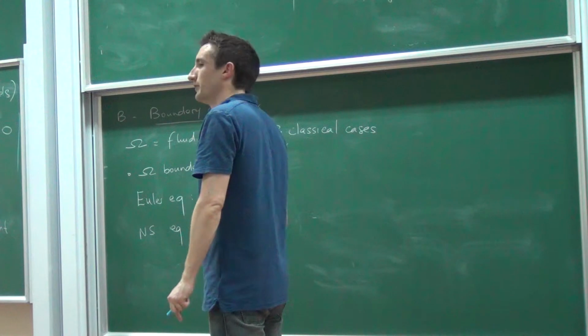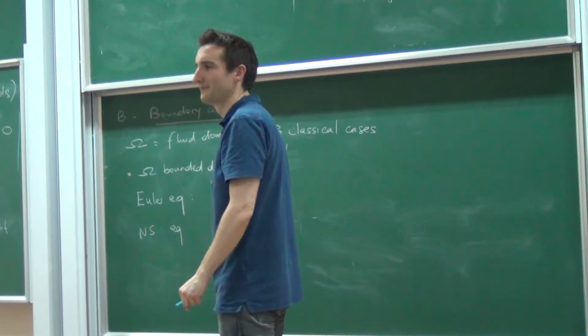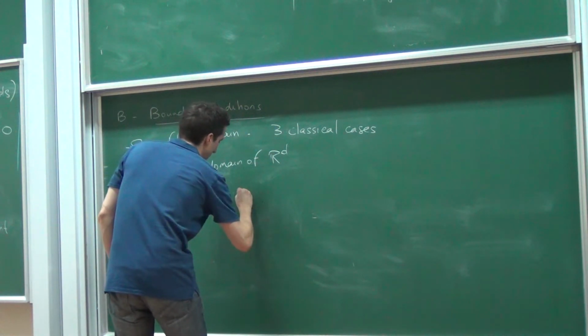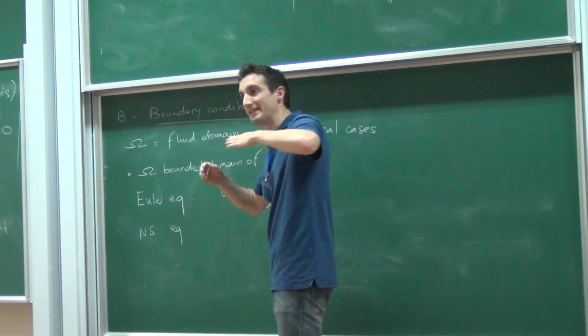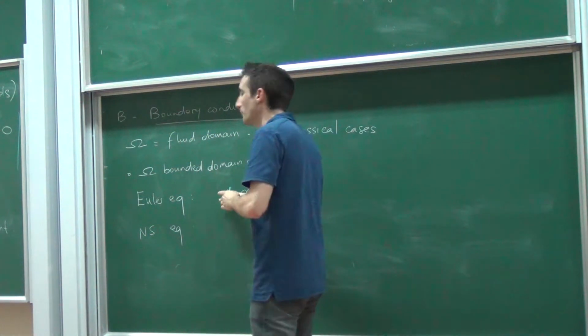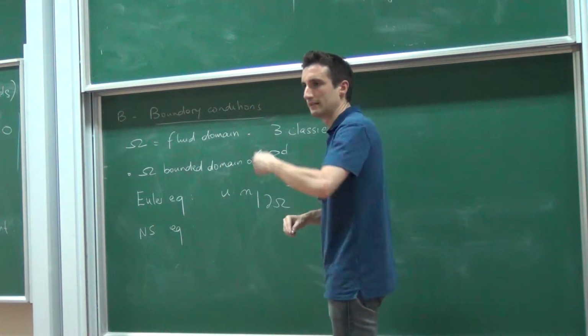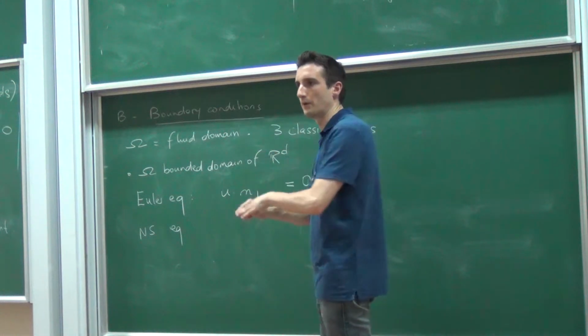So for Euler, it's like a hyperbolic problem. The classical condition is saying that the velocity is tangent to the boundary, so the normal component at the boundary should be 0. It's saying that there is no inflow and outflow. This is the impermeability condition.